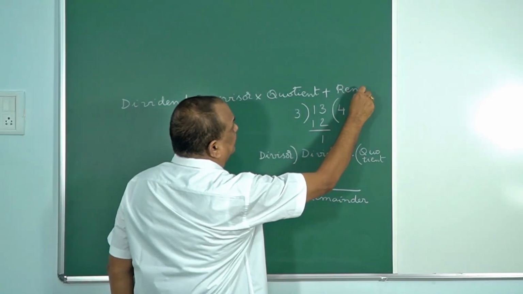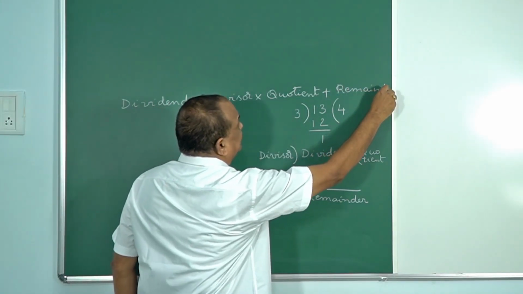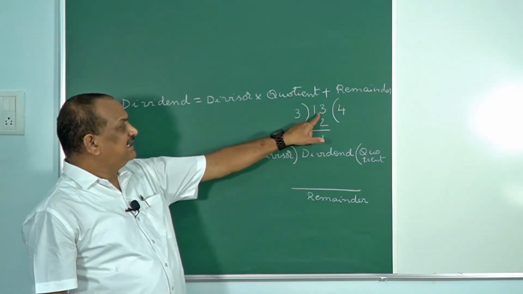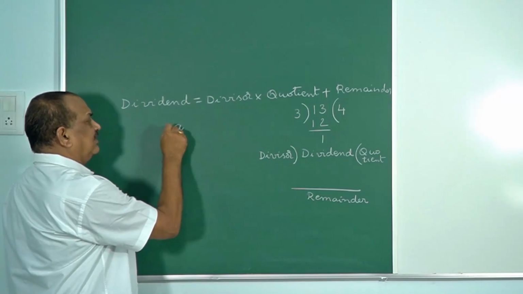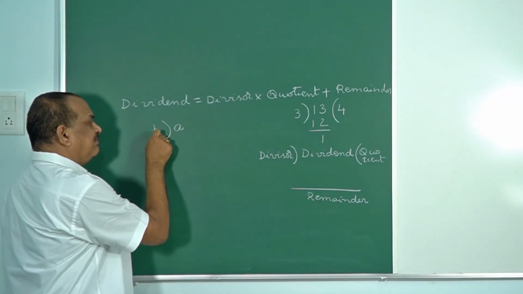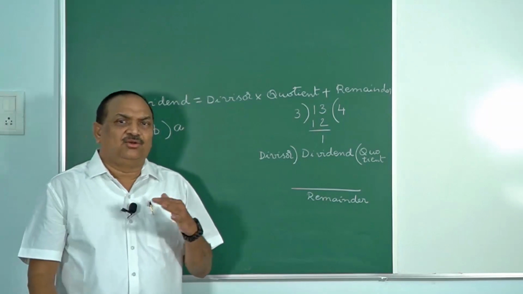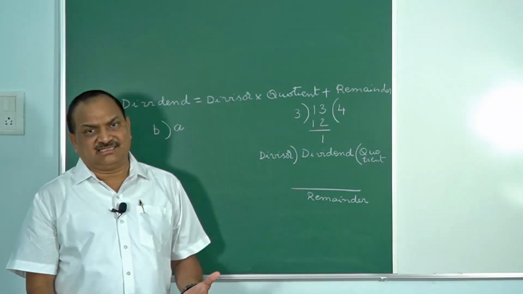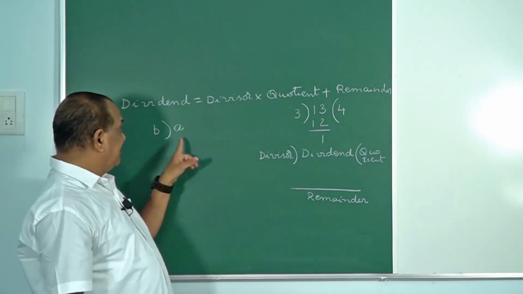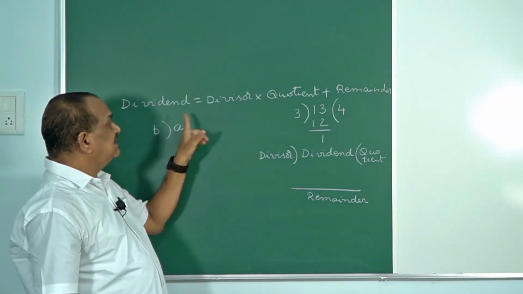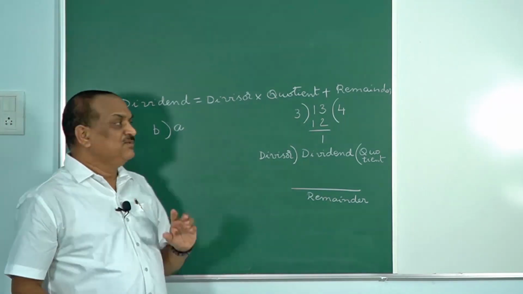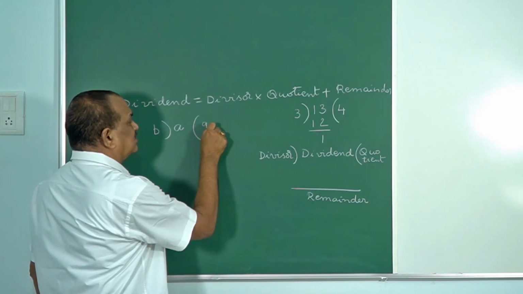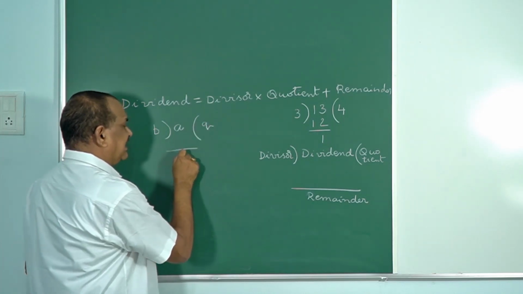And if you generalize this, I take a here and divided by b. There is absolutely no condition that a should be greater or a should be less, whatever it is. In fact, a can be less also, in which case your quotient will be 0. When this division is done, you get some quotient and some remainder r.